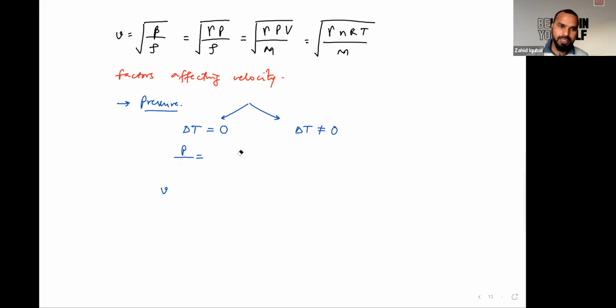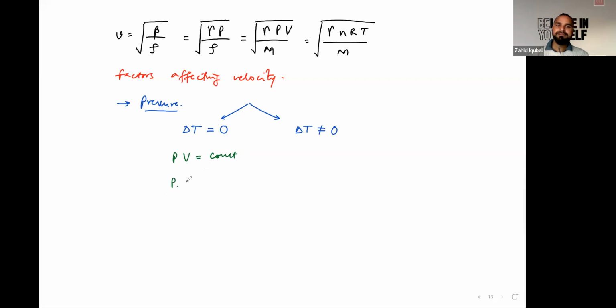Let me prove it. According to the formula, PV is equal to constant for isothermal process. You may convert this volume according to the concept of density. Density is equal to mass by volume, so volume is equal to mass by density.